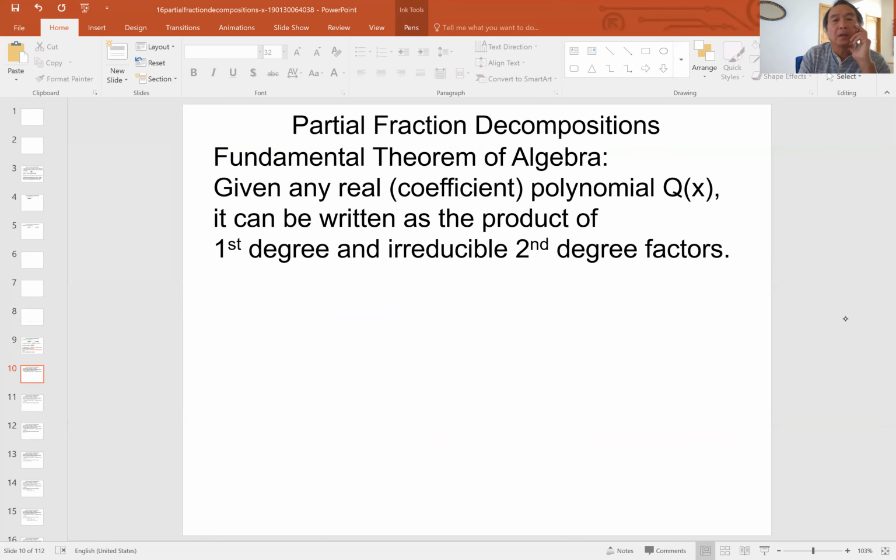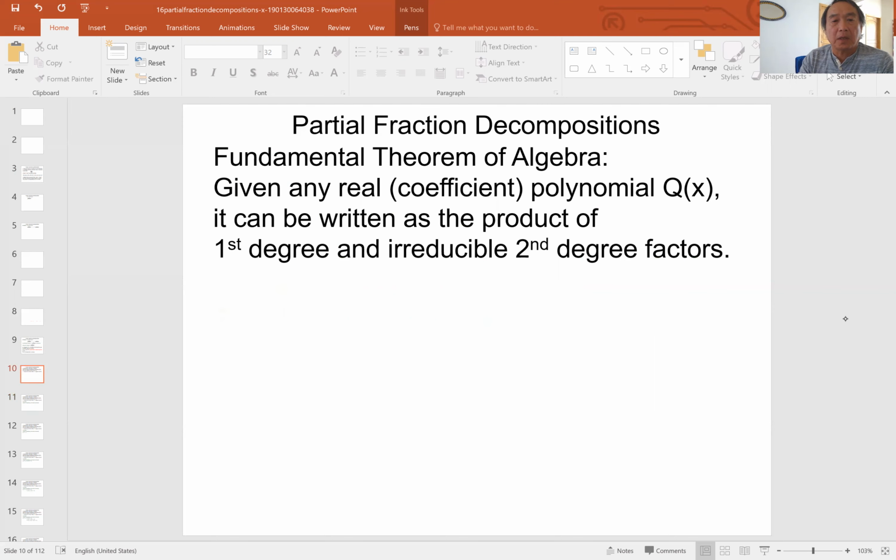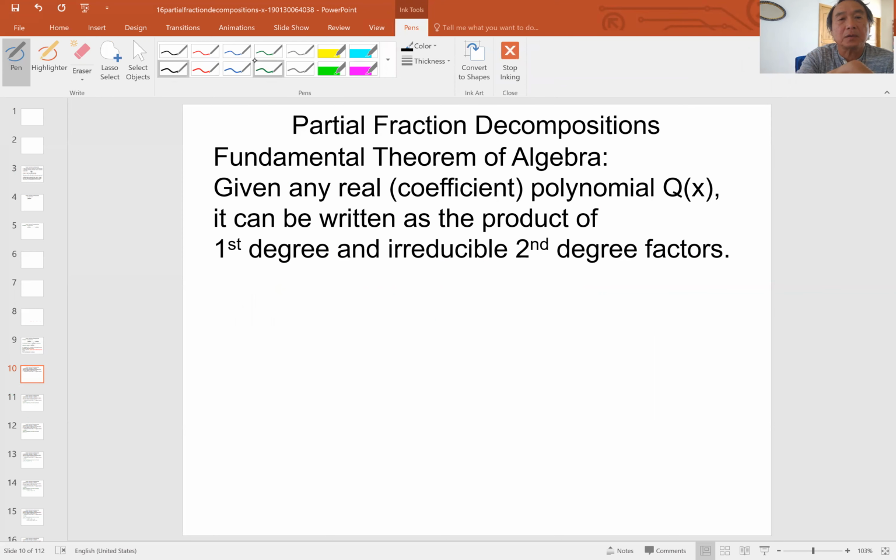From the fundamental theorem of algebra over the real numbers, every polynomial can be factored, and the forms that we factor into are first degree polynomials and second degree irreducible ones. In other words, if you give me a polynomial, it can be some number times x minus something to a power, that's our first degree, x minus something to a second power, and so on.